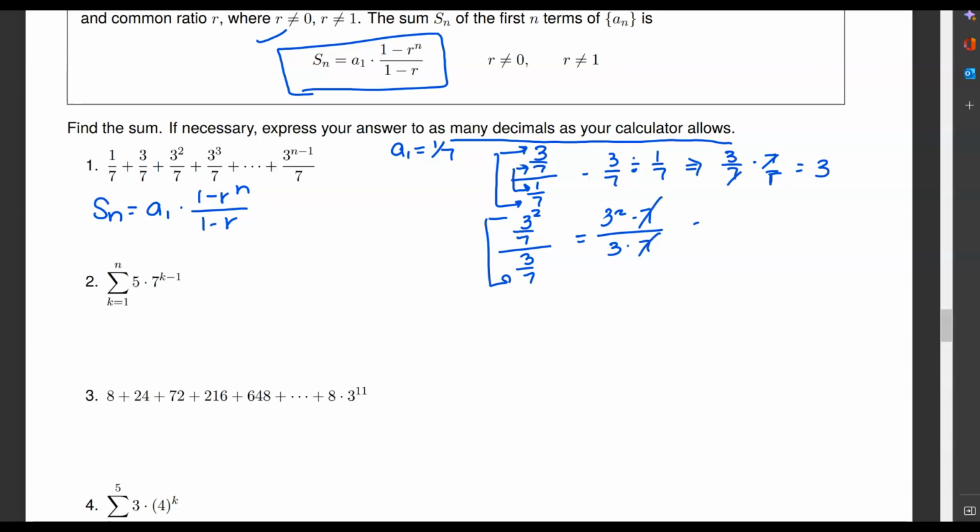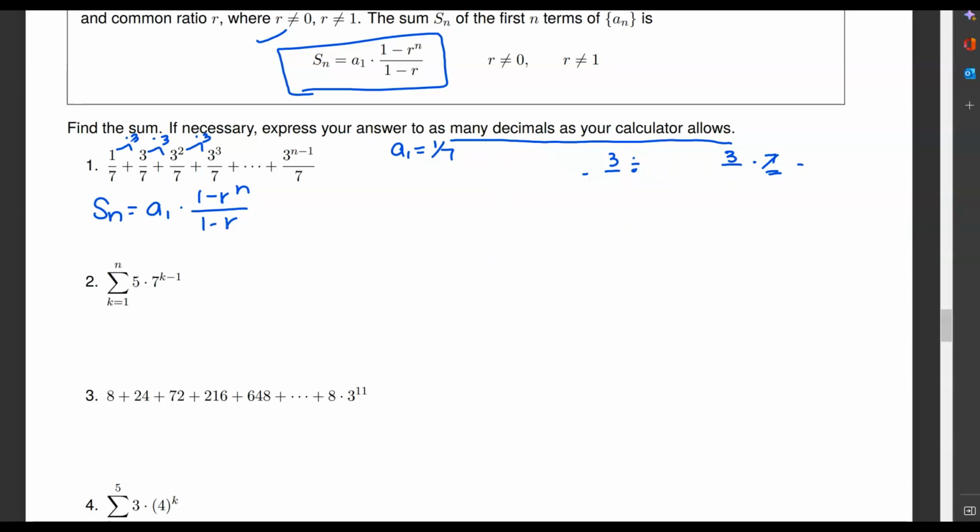Well, my 7's are gone, and then my squares would reduce, so I'd end up with 3 again. So I do see that the change that is happening here is I'm multiplying by 3, multiplying by 3, multiplying by 3. So that ratio is going to be 3. All right, so hopefully that was clear in terms of why we got that ratio to be 3.